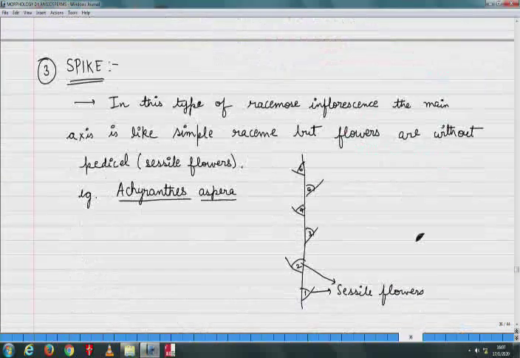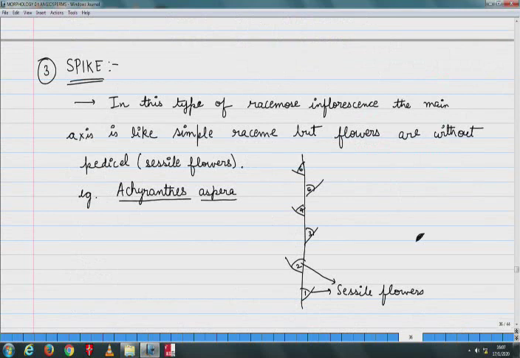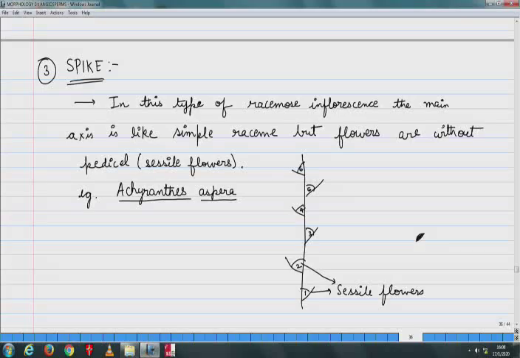Spike inflorescence. In case of spike inflorescence, for example Achyranthes aspera, a long flowering axis is there, and on this long flowering axis, number 1, 2, 3, 4, sessile flowers are present.